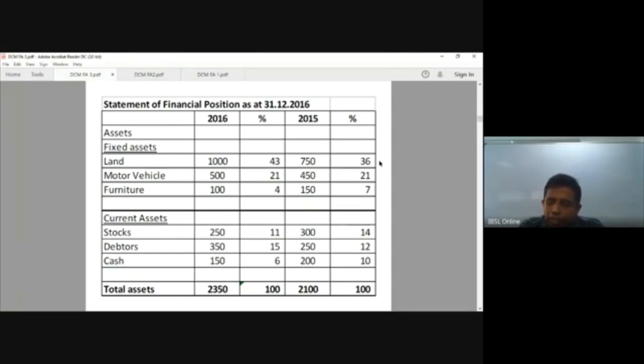Then the bigger bank may have recorded 10 billion last year, 2019. This year they have recorded only 13 billion. Therefore, we can say a 30% increase in profit. Small bank, 50% increase in profit. Larger bank, 30% increase in profit.